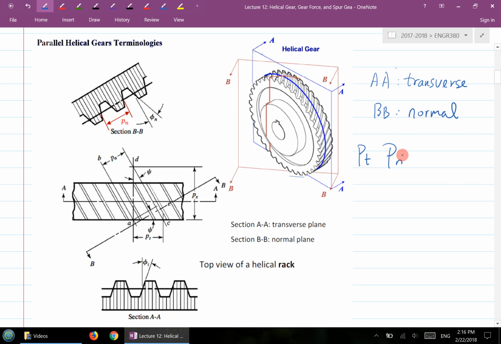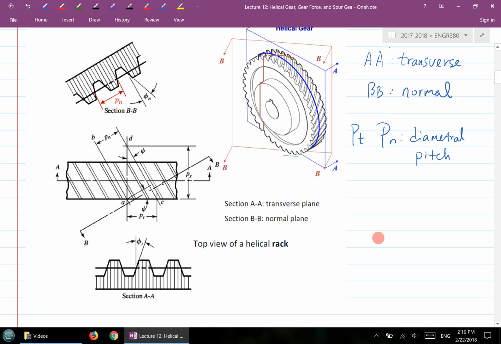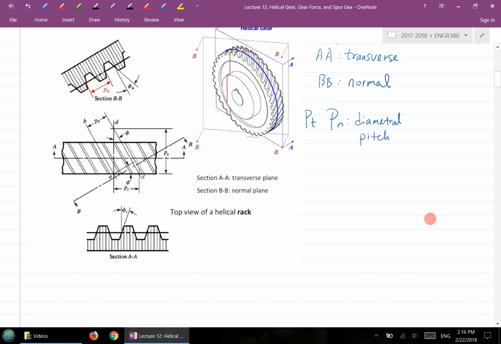You have two sets of parameters called the diametral pitch, the Pn and the Pt. T is for transverse, N is for normal, and both are the so-called diametral pitch.